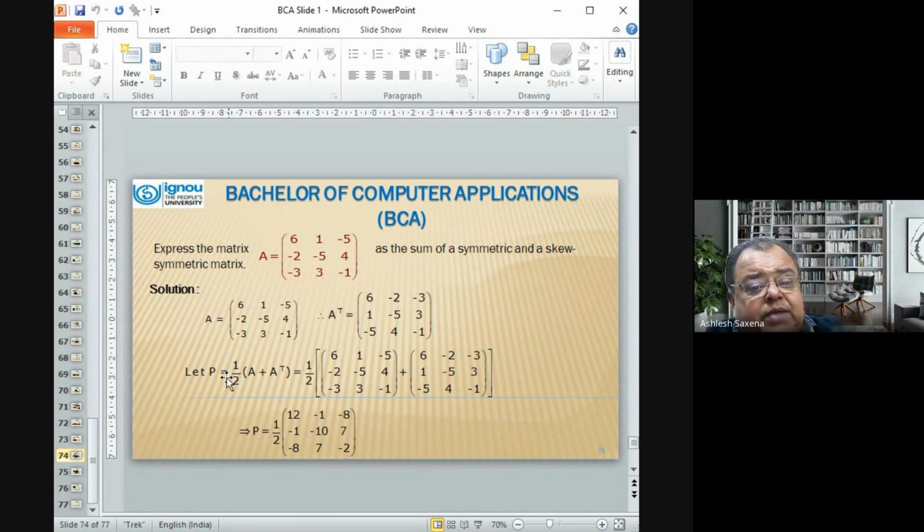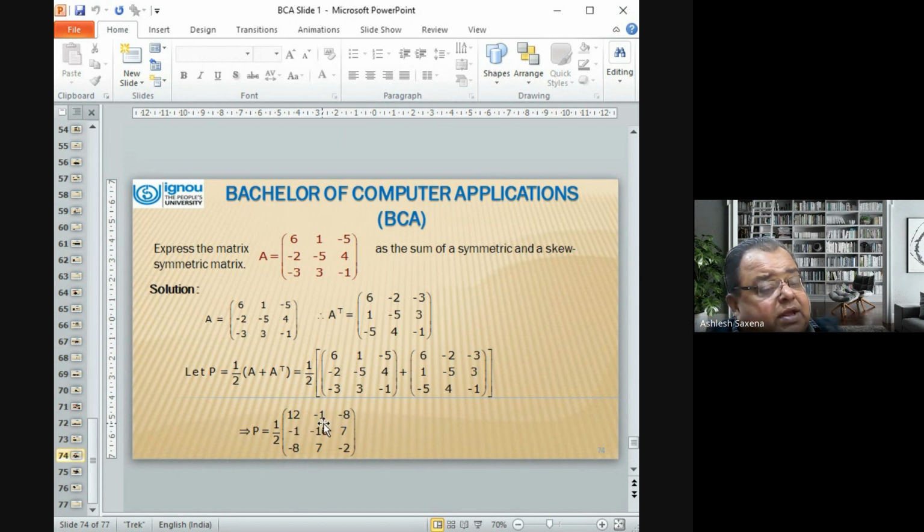Now, let P be equal to 1 by 2 (A plus A transpose). Take 1 by 2. Addition is possible only when you have matrices of the same order. You have matrices of the same order, nothing to worry, add up. You will get this. That means P is equal to 1 by 2 times this matrix.